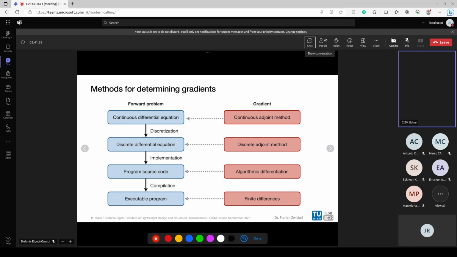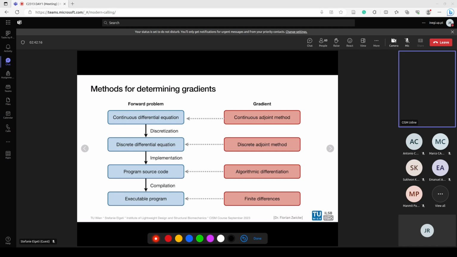There are several methods for determining the gradient. We already saw some options. We can work on the level of the continuous differential equation, and we can try to compute the continuous adjoint, so we can try to compute gradients on a continuous level.